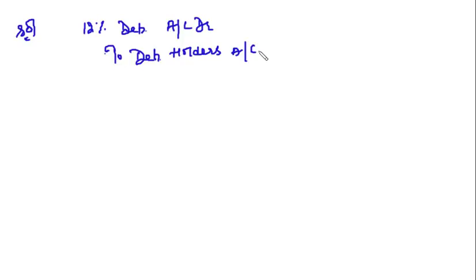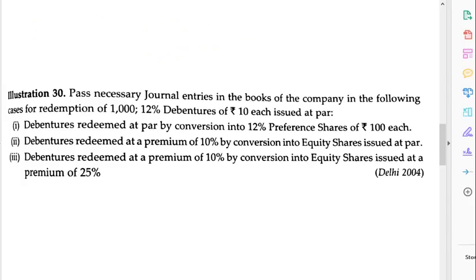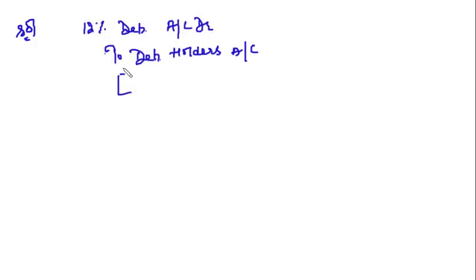First entry is 12% debentures account debit to debenture holders account. How much amount? 1000 debentures of 10 each comes to 10,000 rupees.